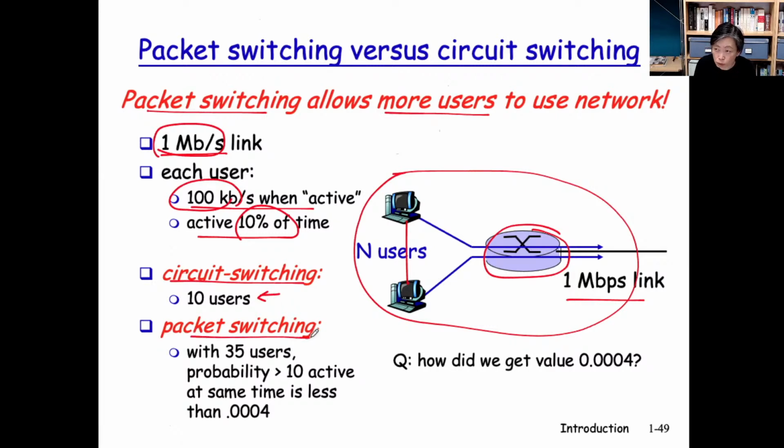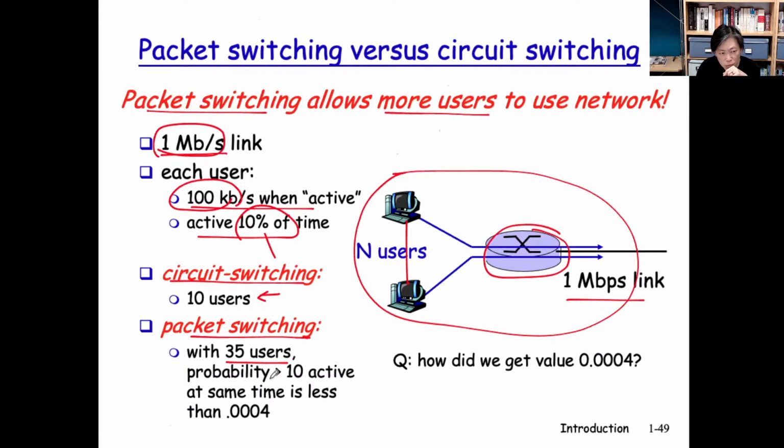But in packet switching, you see, the users are only active 10% of the time. Consider this scenario. If we have 35 users, the only situation in which these 35 users will have trouble sending data out is when there are at least 10 users being active at the same time.